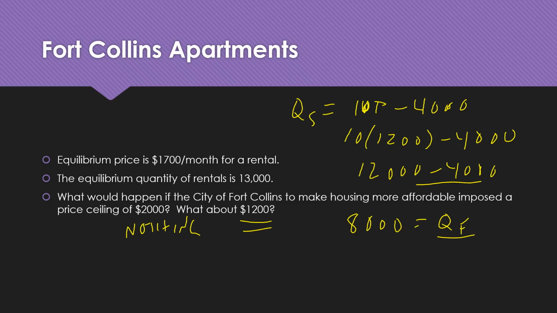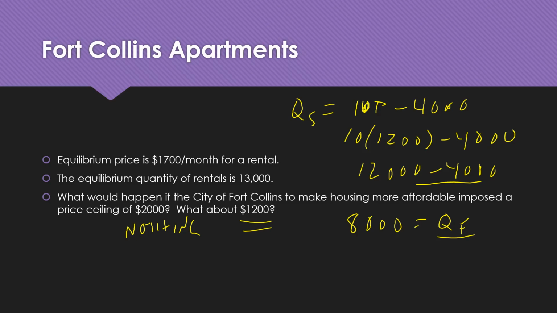The reason why we use the QS equation and not the QD equation is because a price ceiling that's below equilibrium crosses the supply curve first. If we have a price floor, a minimum price that is above equilibrium, we're going to have the same result. If we have a price floor that's below equilibrium, nothing changes. We just end up at equilibrium because the price is above the floor. Now, if the floor is above market equilibrium, then we can't get below that floor.